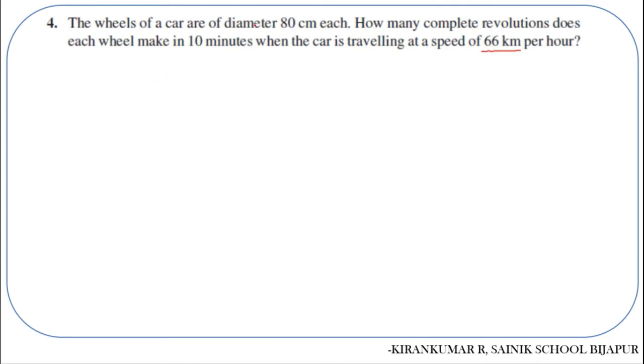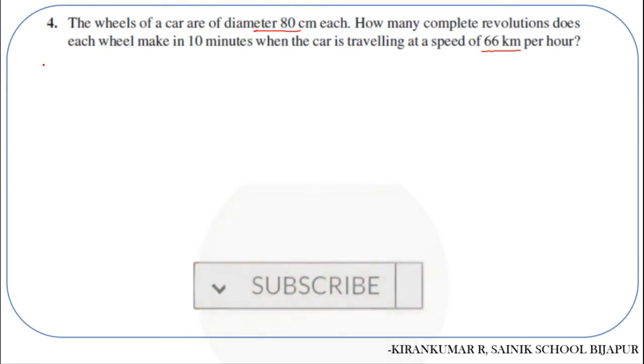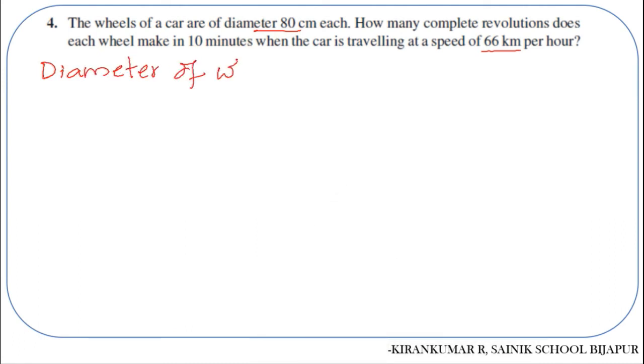They have given the diameter of the wheel, so we can find the radius. The diameter is 80 centimeter, so the radius of the wheel will be half of that, 40 centimeter.